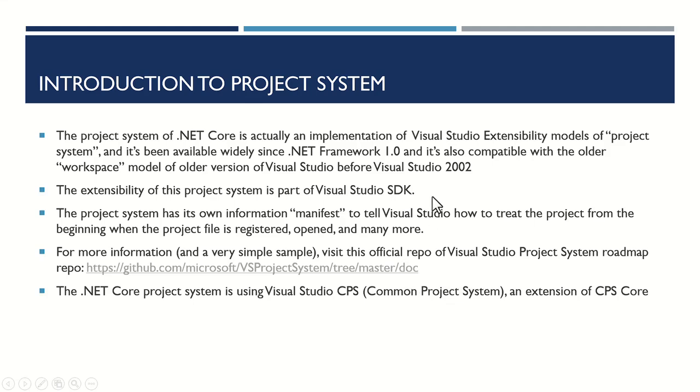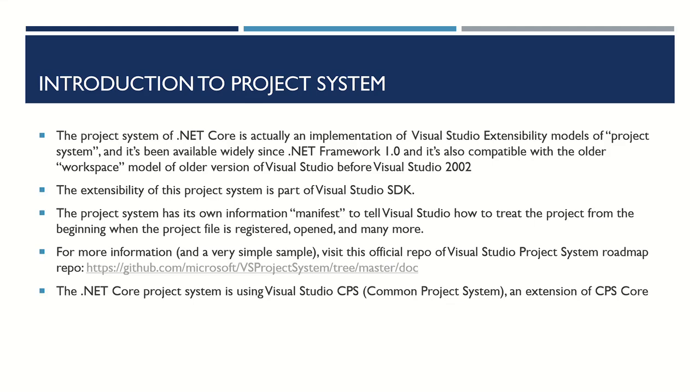And then the nice thing about the project system of .NET Core is it is using Visual Studio CPS. CPS is the technology that comes since 2015, I should update this slide.